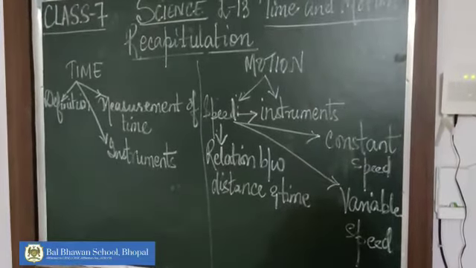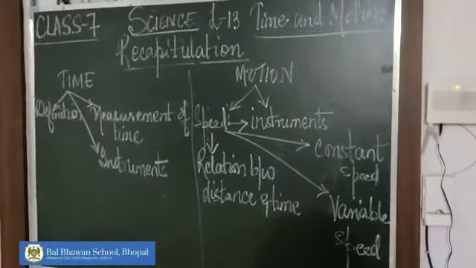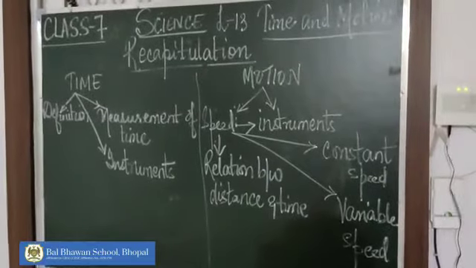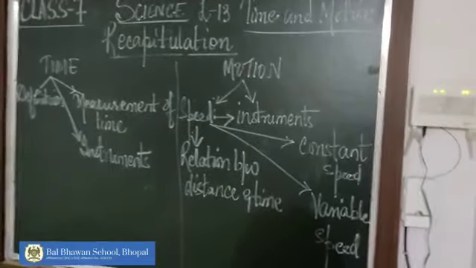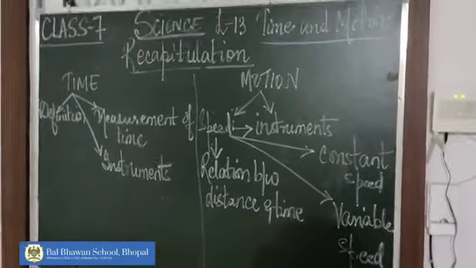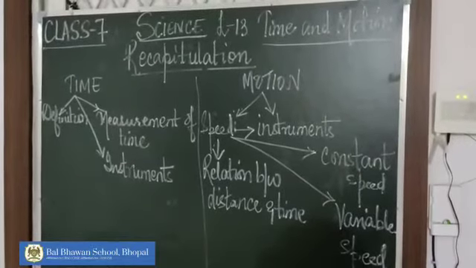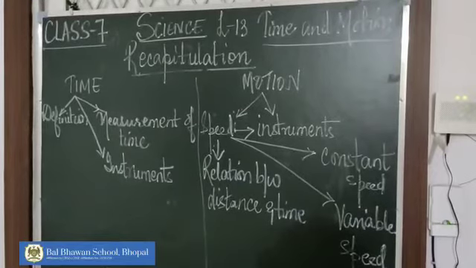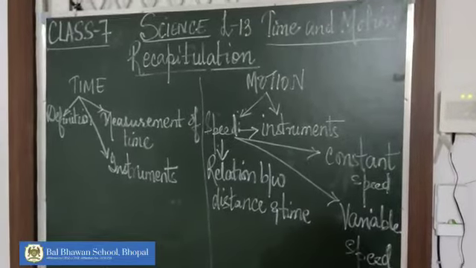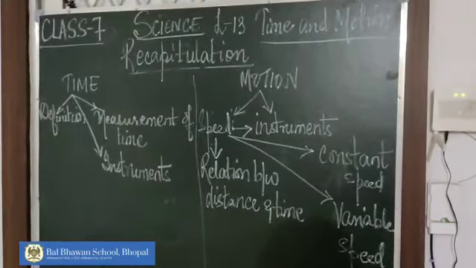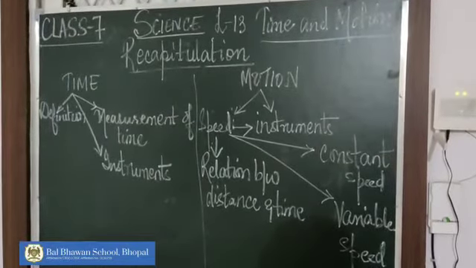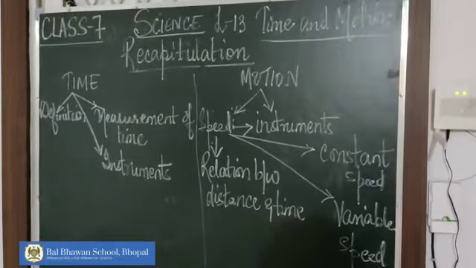Now children, the second topic in this chapter is motion. You are already aware what is motion. When a body changes its position with respect to time, we say that a body is in motion. So here you can understand that there is a relationship between time and motion.